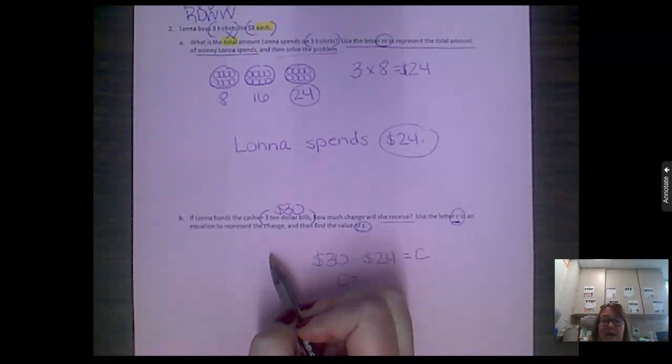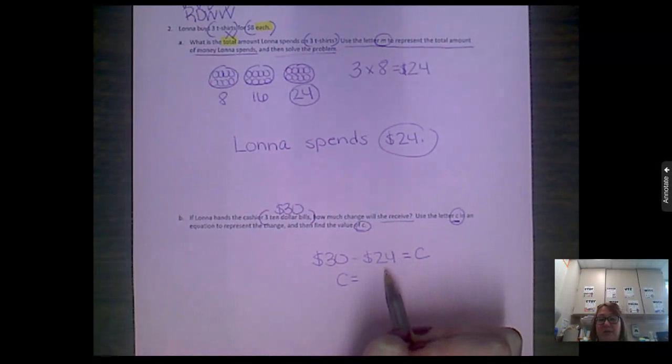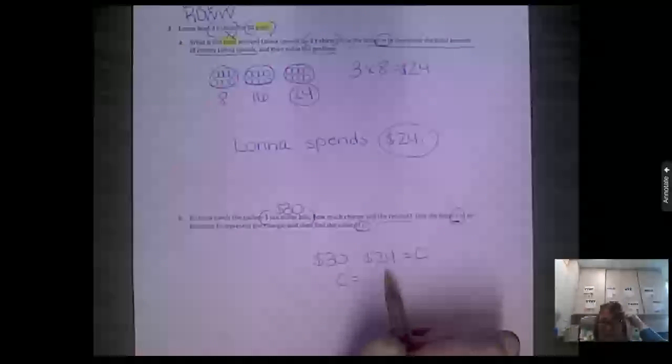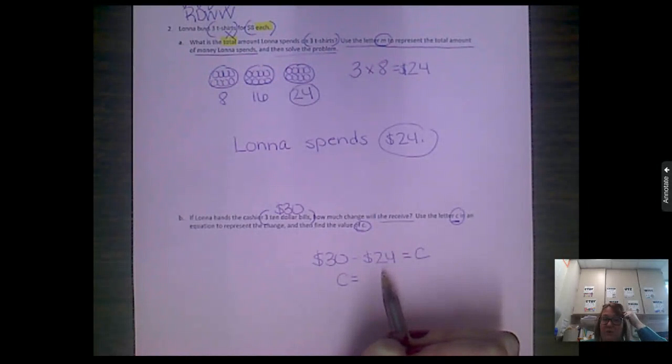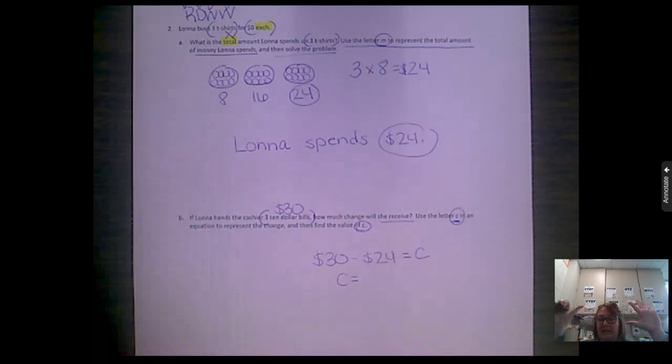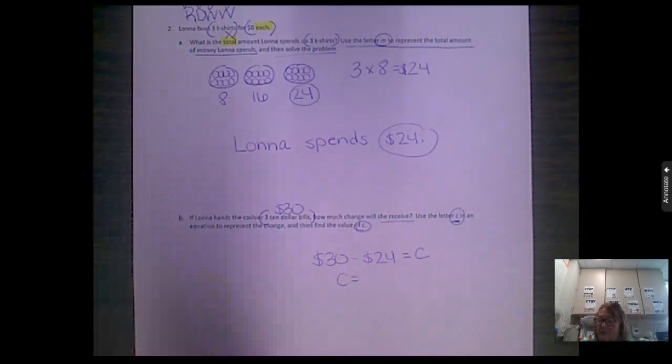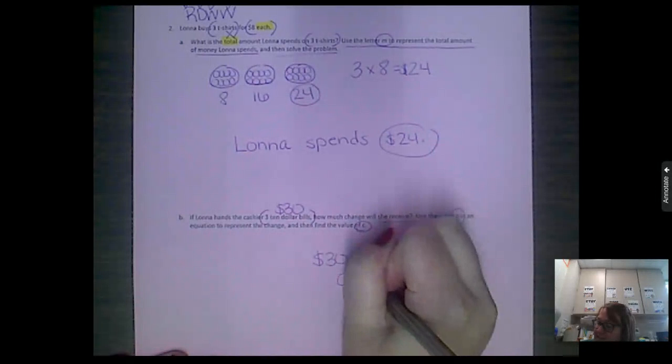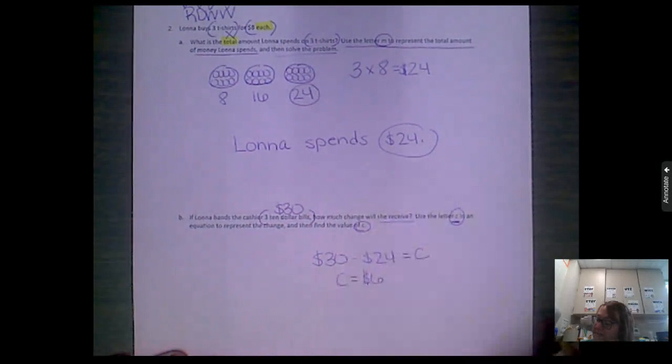You can use mental math. You can put 24 in your head and count up to 30. We can say 24, 25, 26, 27, 28, 29, 30. So C equals 6, and it's money because she's getting dollars back.